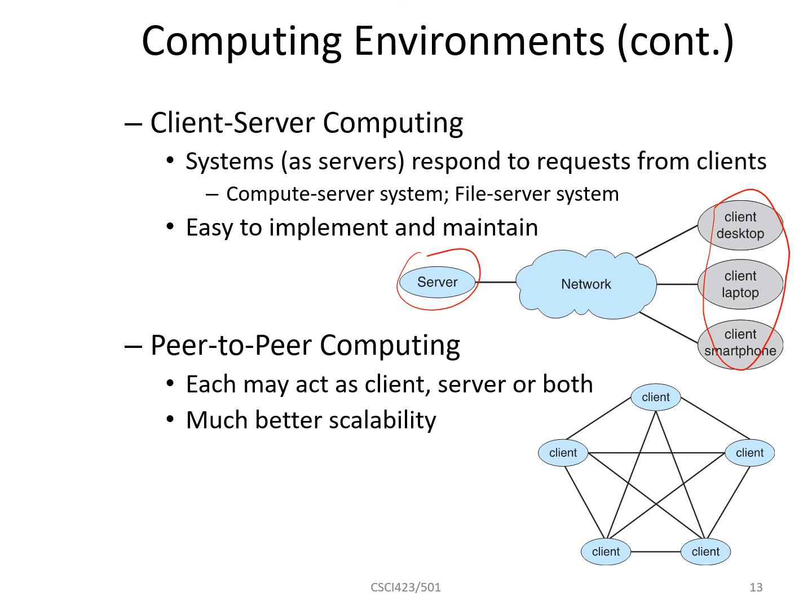Usually the client software is relatively simple, easy to program and easy to maintain, and most efforts only need to be put on the centralized server, so that we can also make the server run very efficiently. And you can see in the client-server computing environment, multiple clients can communicate with one single server at the same time.